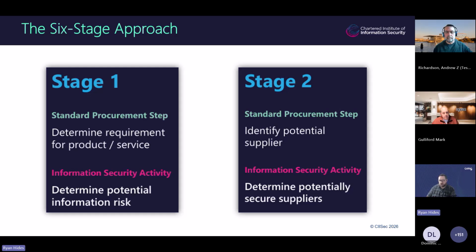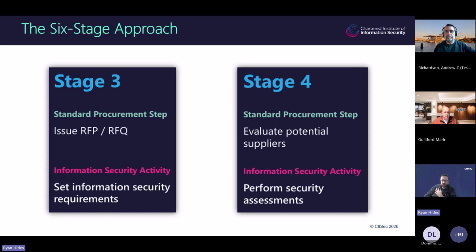Ideally, if you can get some involvement with procurement on the suppliers that are being onboarded earlier, you can give them the heads up, so security isn't just a box ticking exercise after a contract's been signed. You can have some input. So that's essentially what stages 1 and 2 are for, to help procurement and guide them towards a more secure supplier. Stage 3 and 4 then.